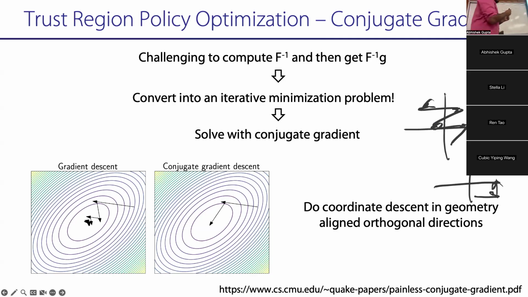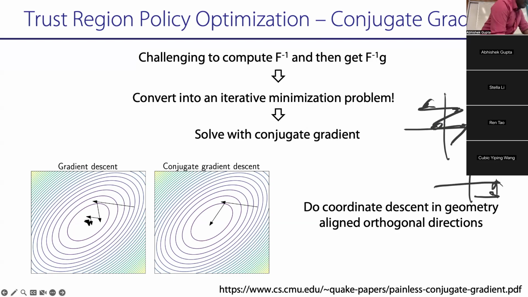The problem with gradient descent moving around so much is you need more gradient steps to solve it. What conjugate gradient does is it tries to find orthogonal directions to move in your space. In gradient descent, the next direction doesn't have to be orthogonal to your previous direction, so you might be redoing or undoing some of the work you did last time.